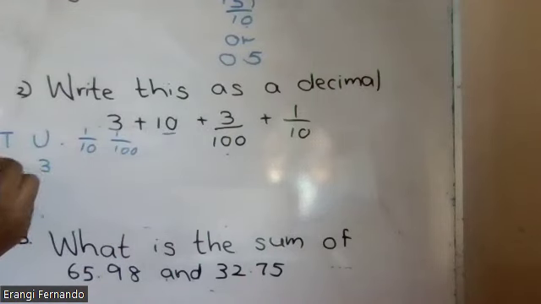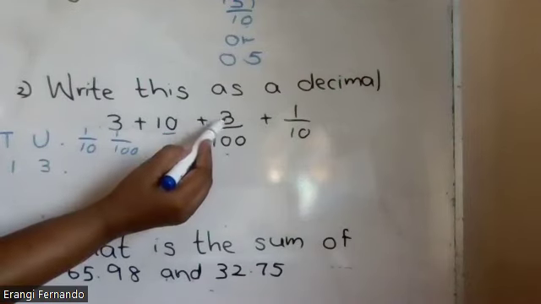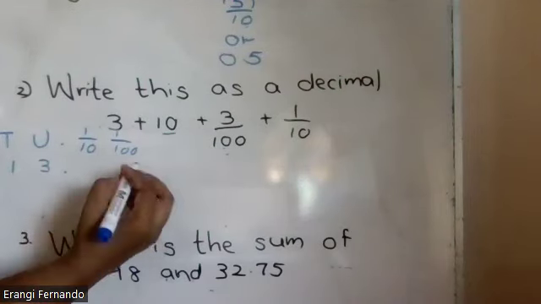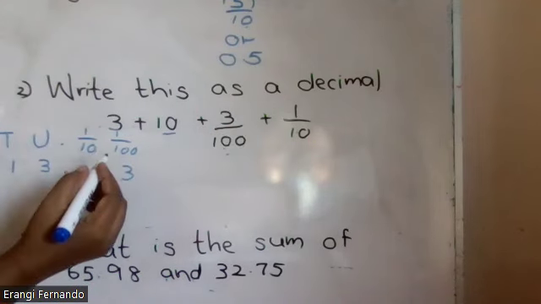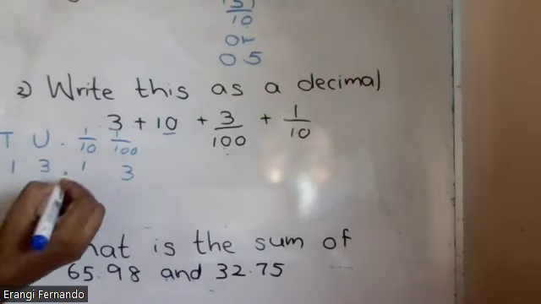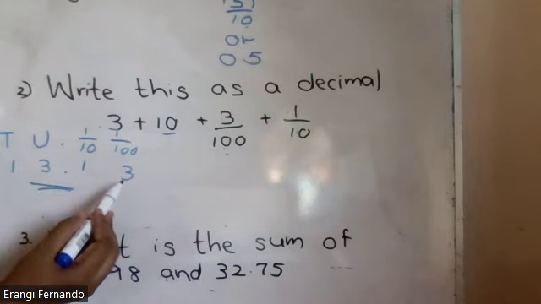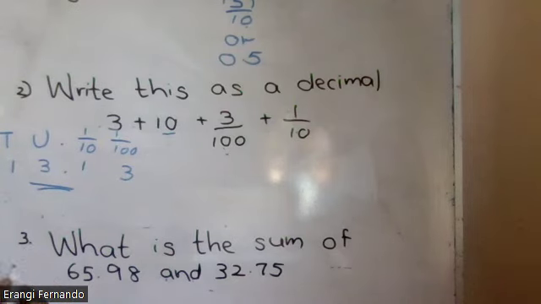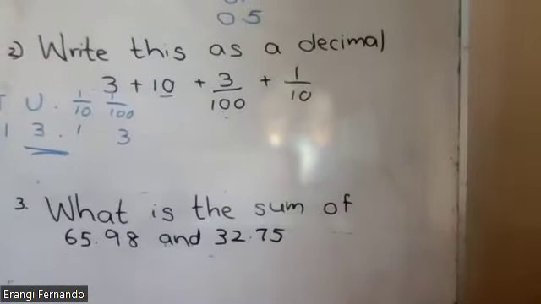Tens, 1/10. Point, 300, 1/10. 1. So the answer is 13.13.